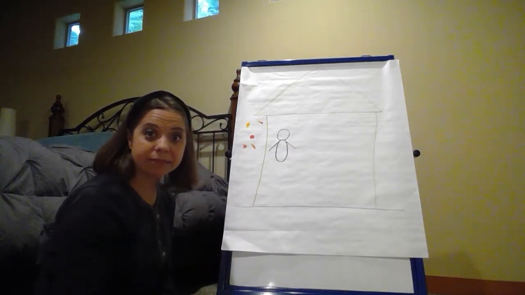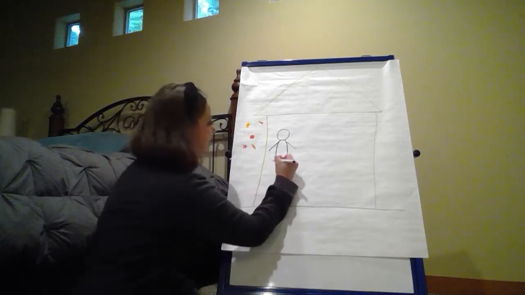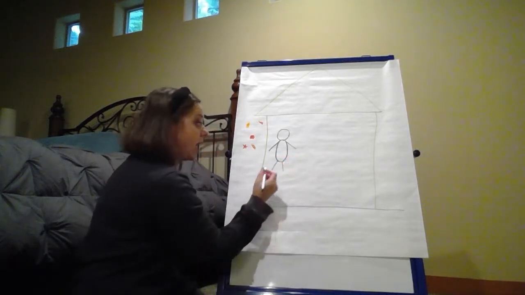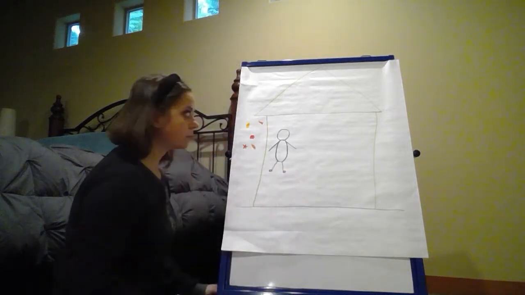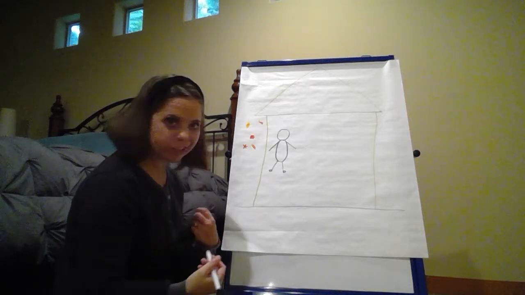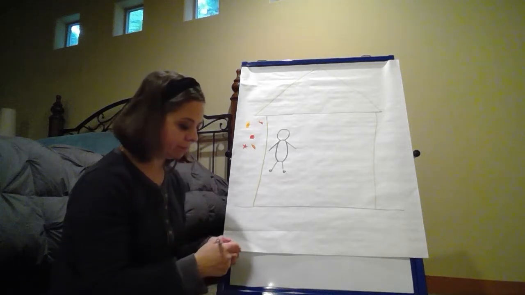And how many legs? I have 2 legs. 1, 2. And 1, 2 feet. Now, that looks more like a person, but it doesn't look just like me. I need to add some details to make it look like me.